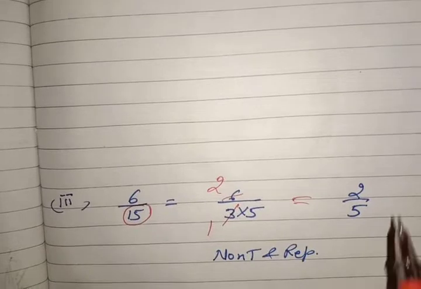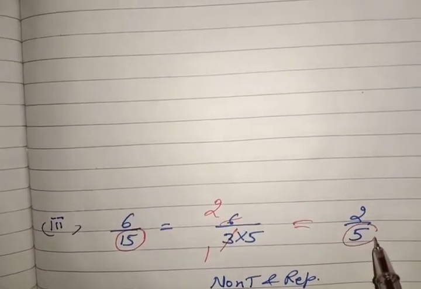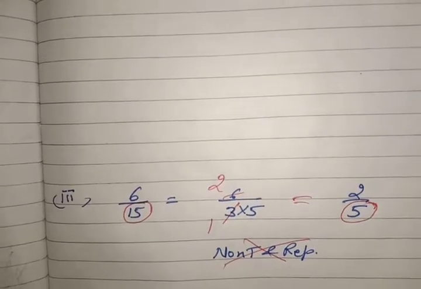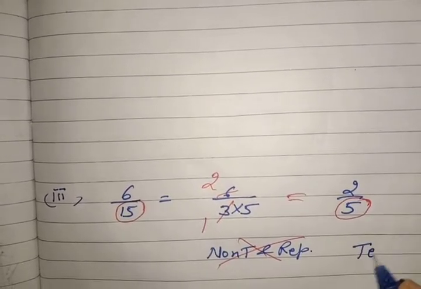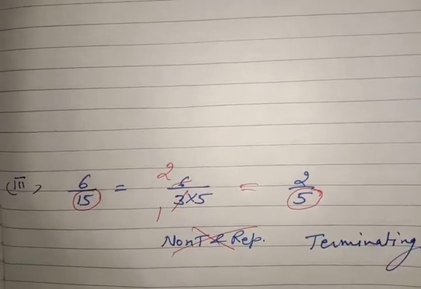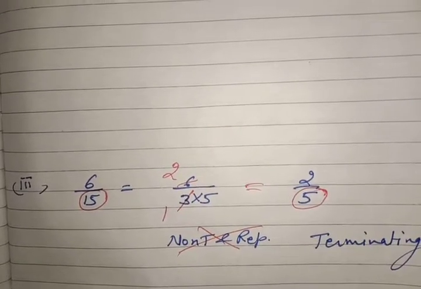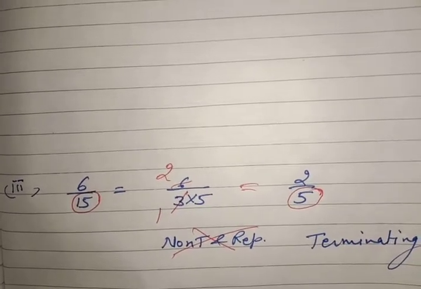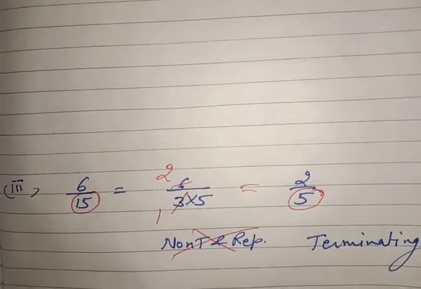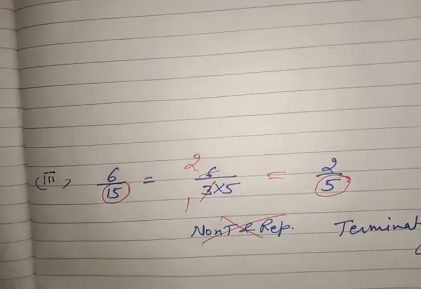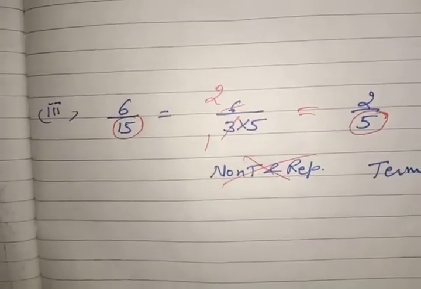Now see its denominator, it is only 5. So the correct answer is that it is terminating. If we want to check whether a rational number is terminating or non-terminating, the first step is cancellation. Always cancel and then decide.